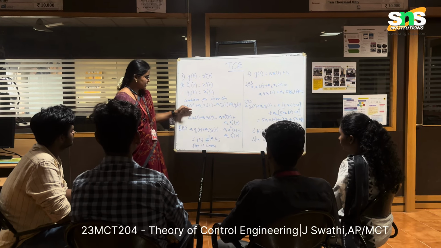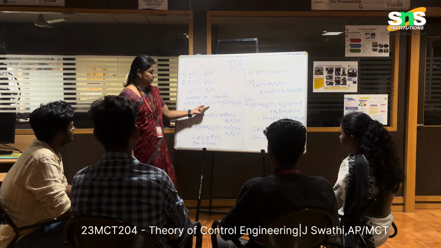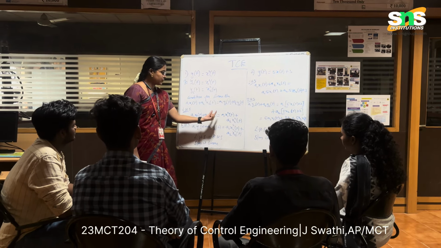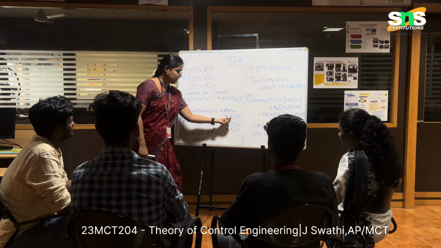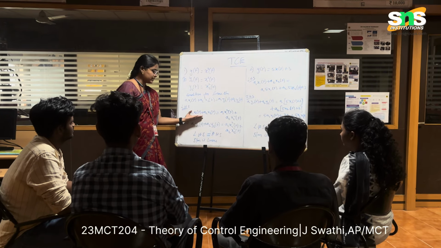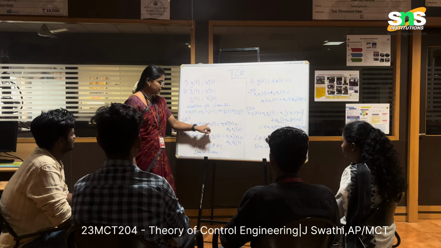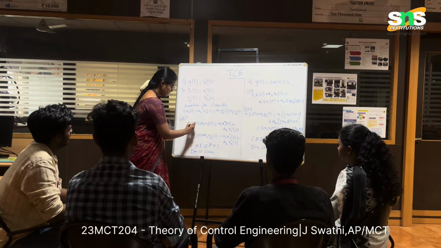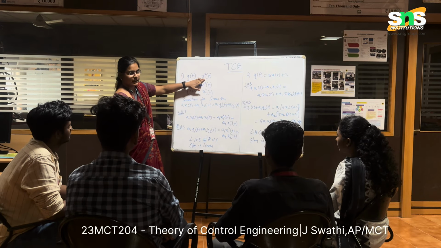Now I take the left hand side, which is a1 x1 of t plus a2 x2 of t. Here x1 of t stands for x1 square and x2 of t stands for x2 square. I am just changing the x values alone.